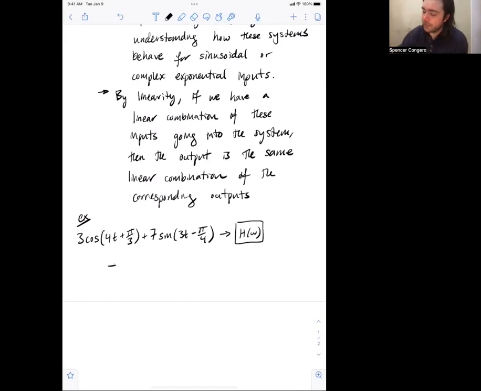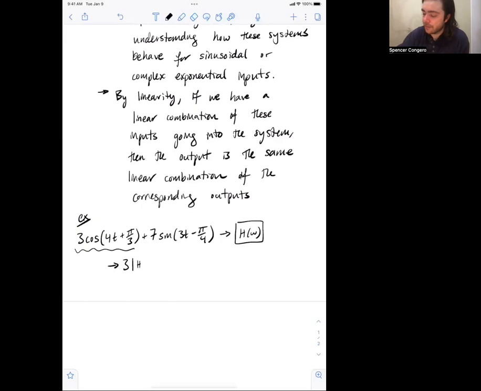Then we know what should come out, right? Because RLC circuits are linear. LTI systems, the L means they're linear. And so we know what comes out from this first input. We know what the output is of the second input. And so when we add them, the output we get from this entire signal should just be a sum of the corresponding outputs. If you remember from a previous video, what do we get for the output of that signal? We get 3, and then this frequency response tells us how much to multiply that amplitude by.